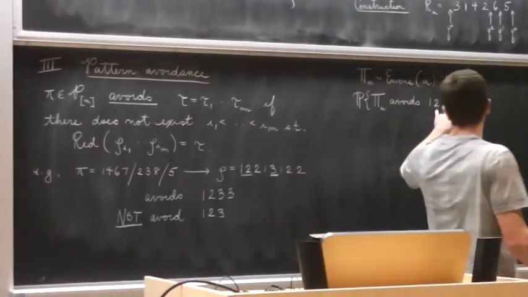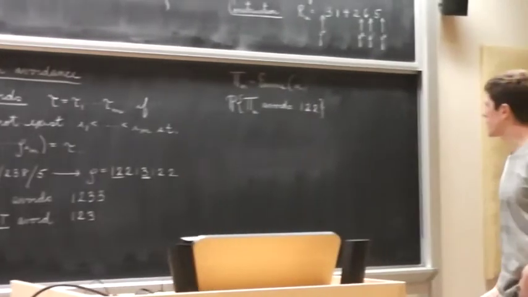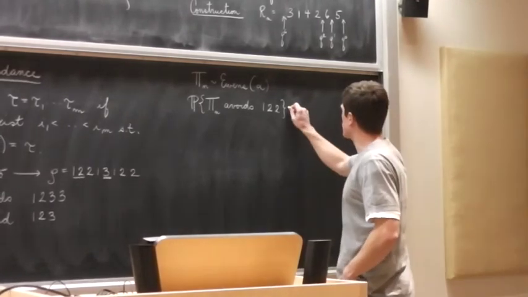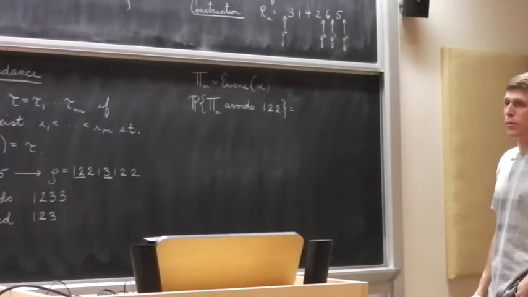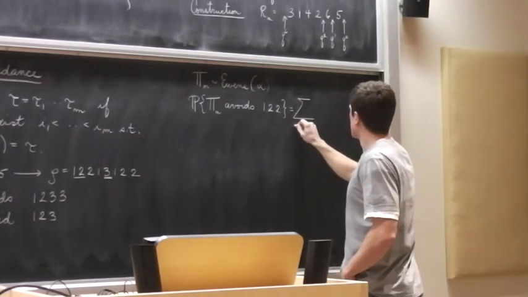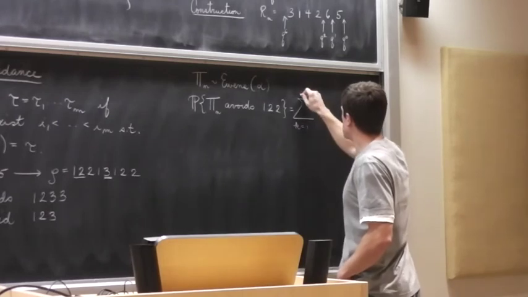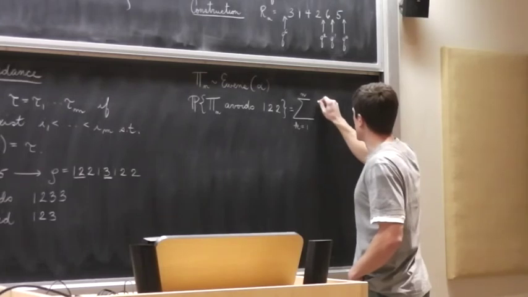And so the only way to avoid this pattern is if all of the blocks beyond the first block are singletons. Okay? And so now we have to sum the Ewens probabilities over the set of all partitions that avoid this pattern. And so we can sum here over any number of blocks. So the number of blocks will be from 1 to n.